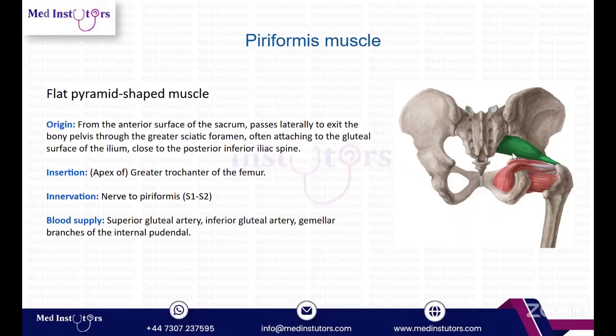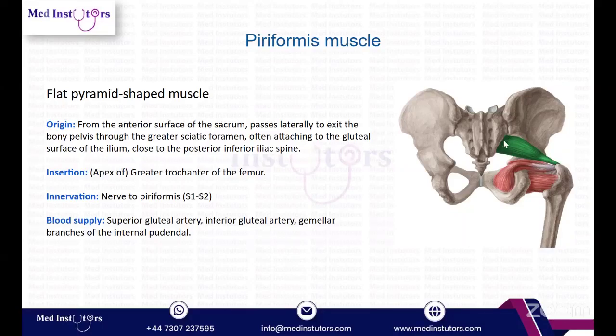So this is a summary of piriformis muscle, and please look at this diagram. This shows the attachments of piriformis muscle. Please try to make yourself familiar with such muscles. Have a look at the shape of the muscle. It is a flat muscle which has a pyramid shape, and if you can see here, it is inserting on greater trochanter of femur. And where is it coming from?